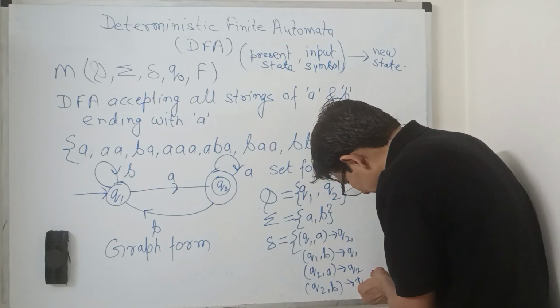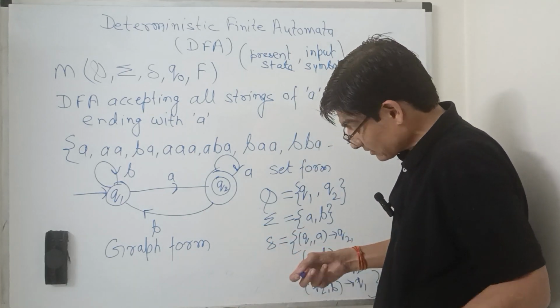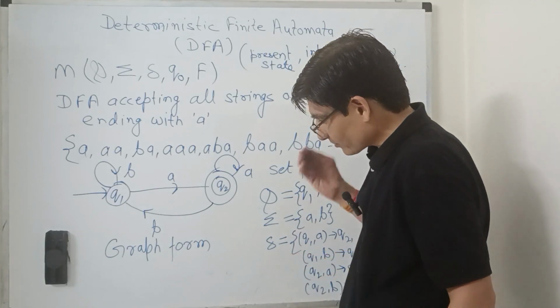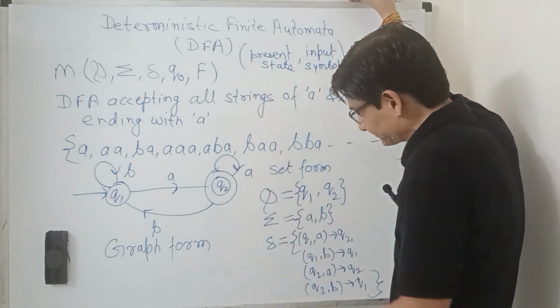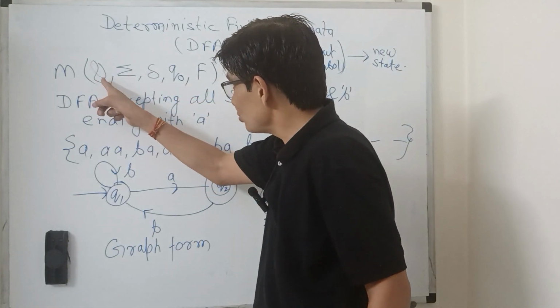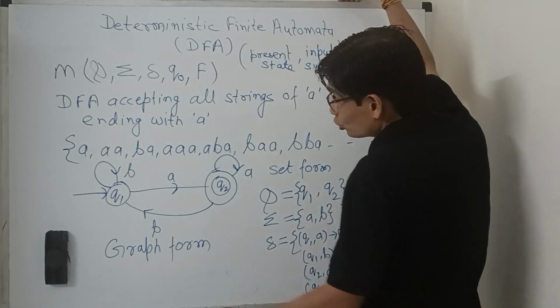So these are the four elements of this set called the transition function, or set of transition rules. So three components we have defined: Q, sigma and delta.